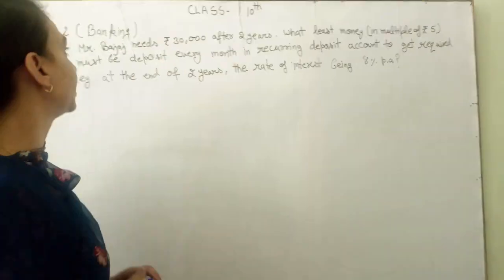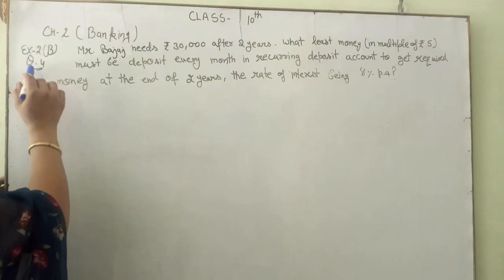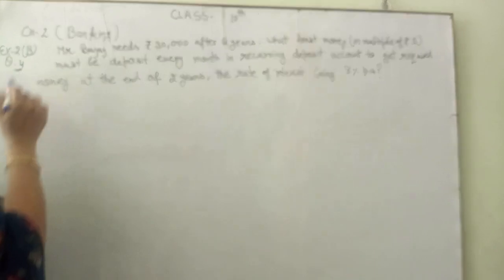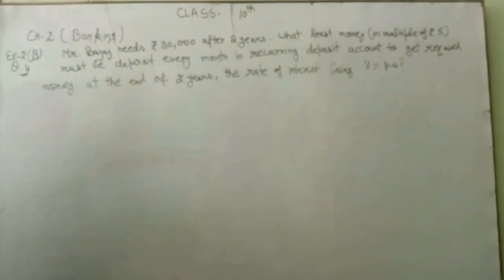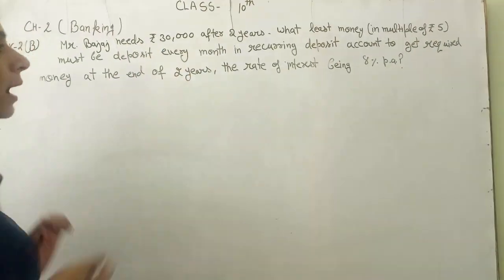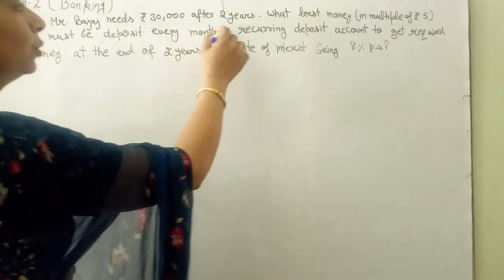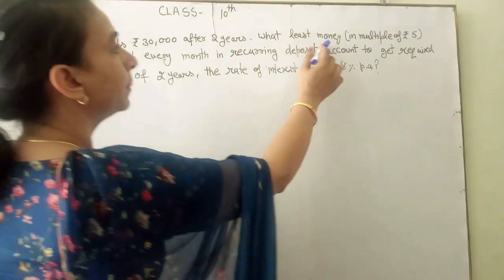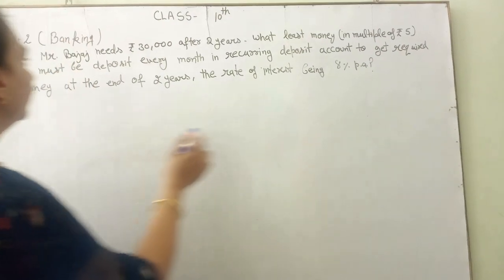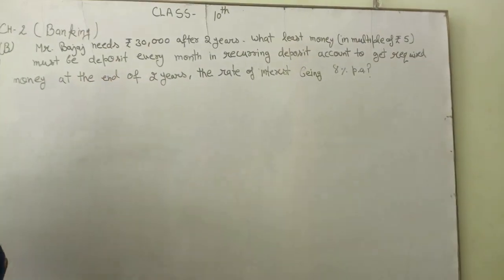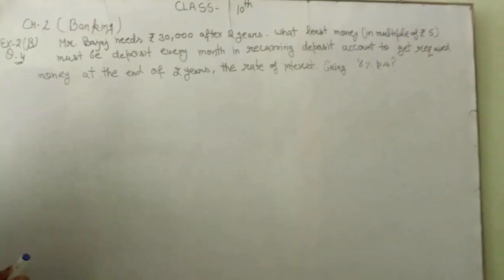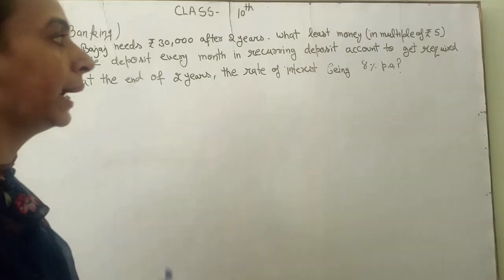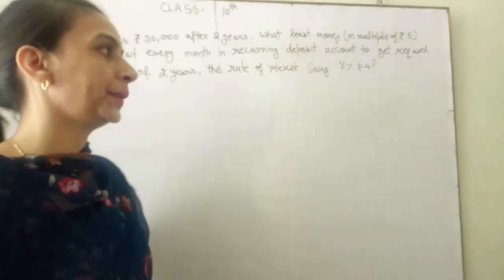Students, next question, question number 4, exercise 2B, chapter number 2, banking. What is the question? Mr. Bajaj needs 30,000 rupees after 2 years. What least money, in multiples of 5, must be deposited every month in a recurring deposit account to get the required money at the end of 2 years, the rate of interest being 8%?